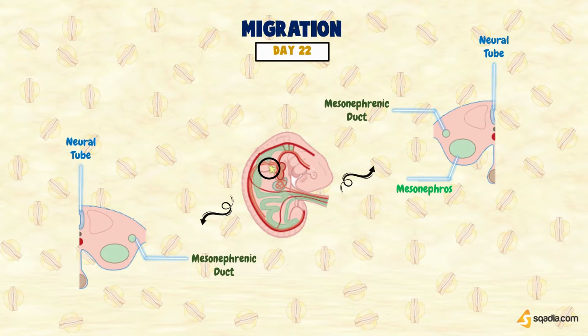This is the mesonephros. The mesonephros, also known as the intermediate kidney, is an intermediate stage of kidney development that occurs during embryonic development. It is the second of three sets of kidneys that form sequentially in vertebrate embryos. And this is the gut. Above the gut is the dorsal aorta.